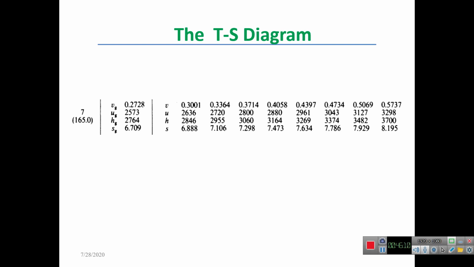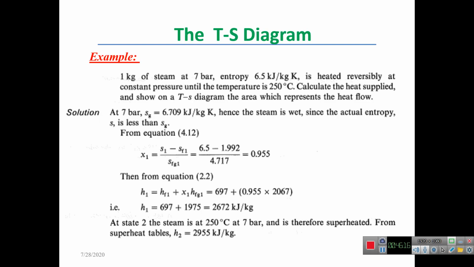The saturation temperature is 165, and we notice that we have reached a temperature of 250 degrees centigrade at this 7 bar, which means we are beyond the saturation temperature, which means we are in the superheated region.